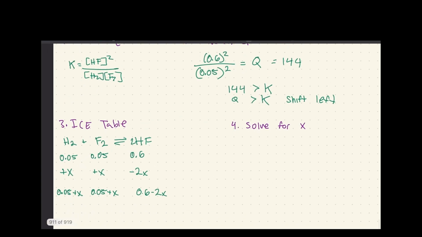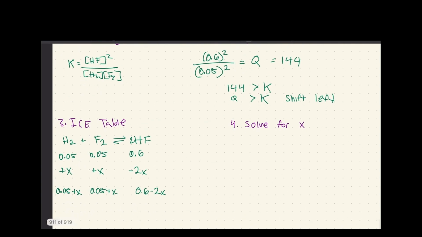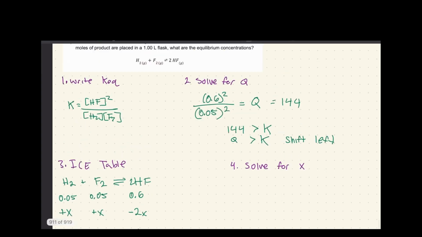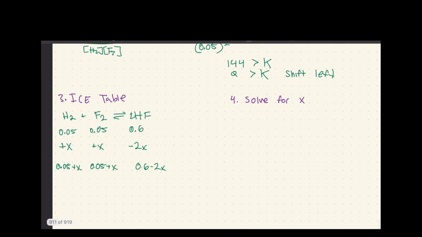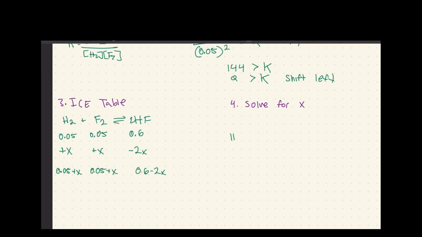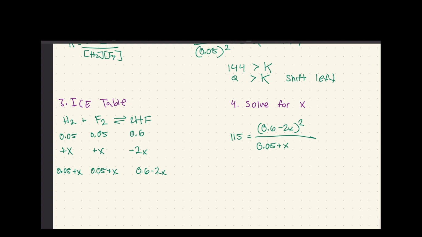And so now I can solve for x by plugging into my KEQ expression. So I see that K is equal to 115. So I'll say 115 is equal to the concentration of HF squared divided by the concentration of H2 times the concentration of F2, which is the same.